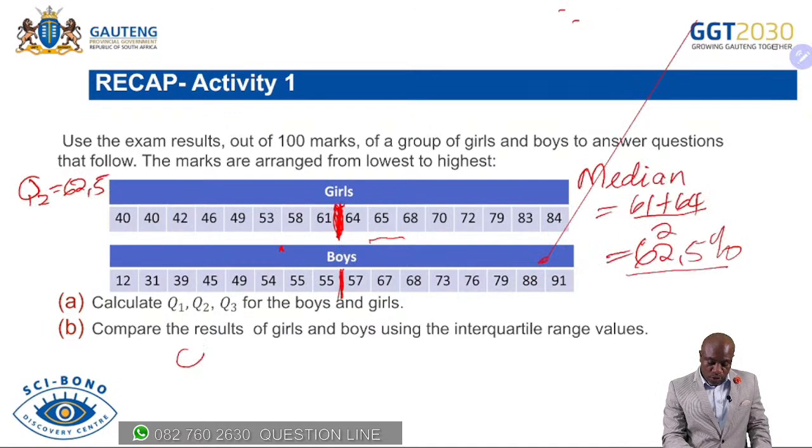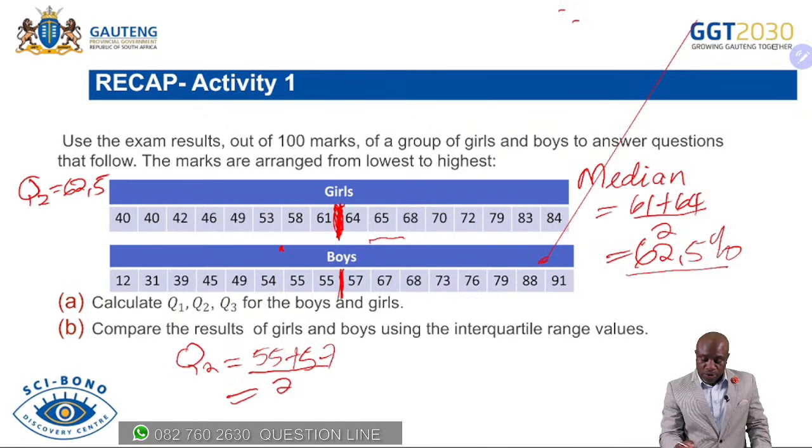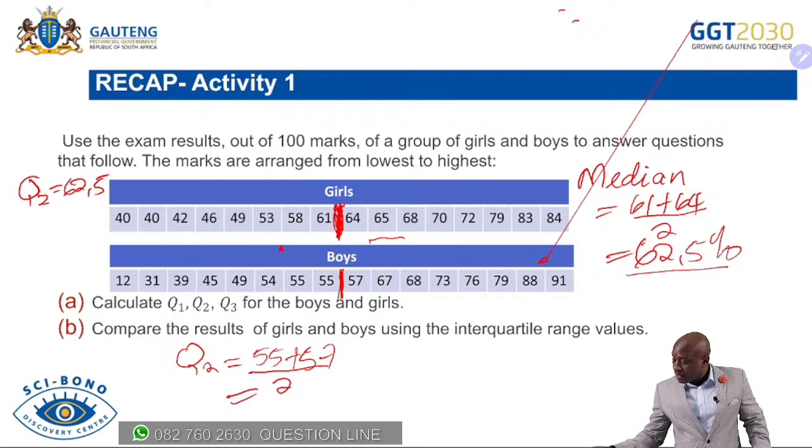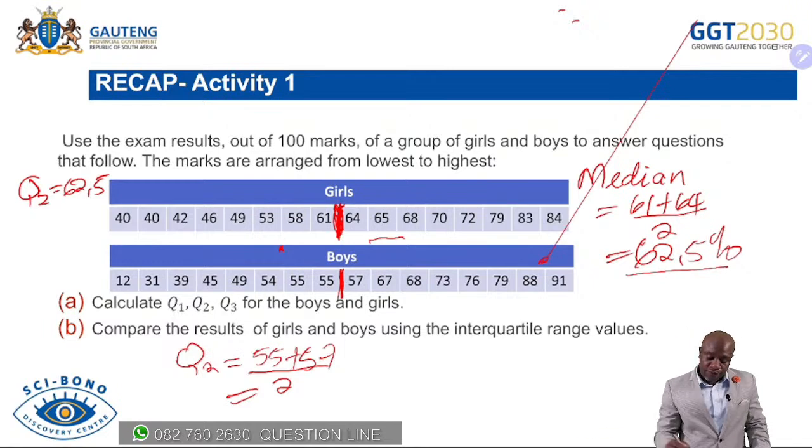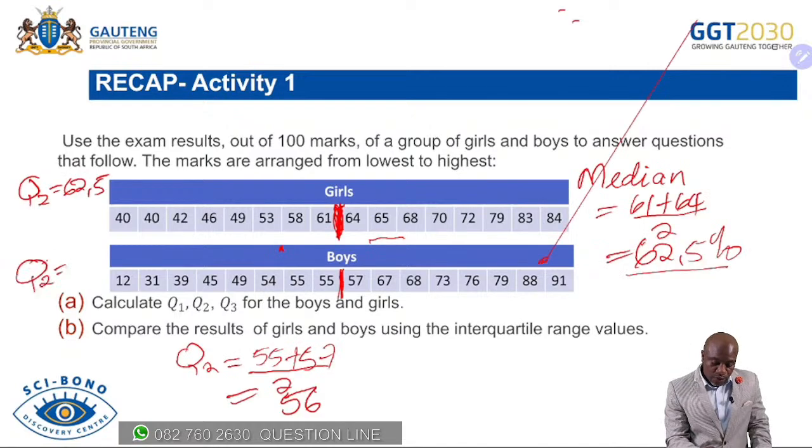So our Q2 equals 55 plus 57, and then we divide that by 2 because we want the middle value. The answer to that is 56. So our Q2 for the boys is 56%.